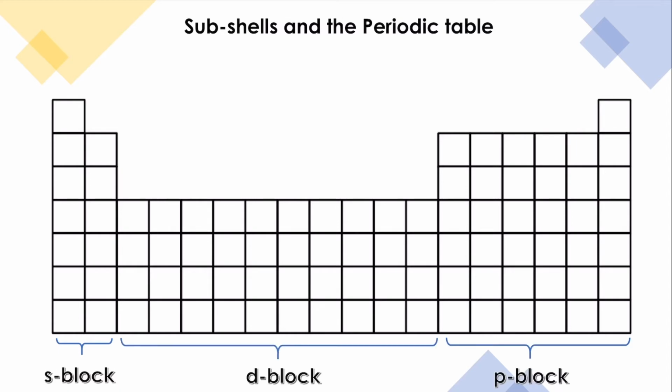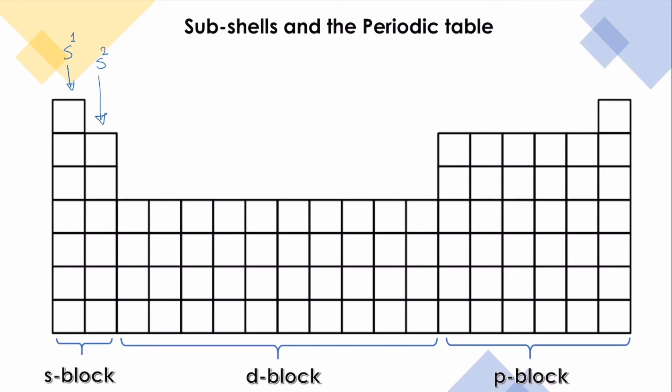We have to understand that the S block is occupying two groups, first and second groups, which means that all elements in the first group end by S1, and all elements in the second group end by S2. Why two groups? Because the capacity of the subshell S is 2 electrons.